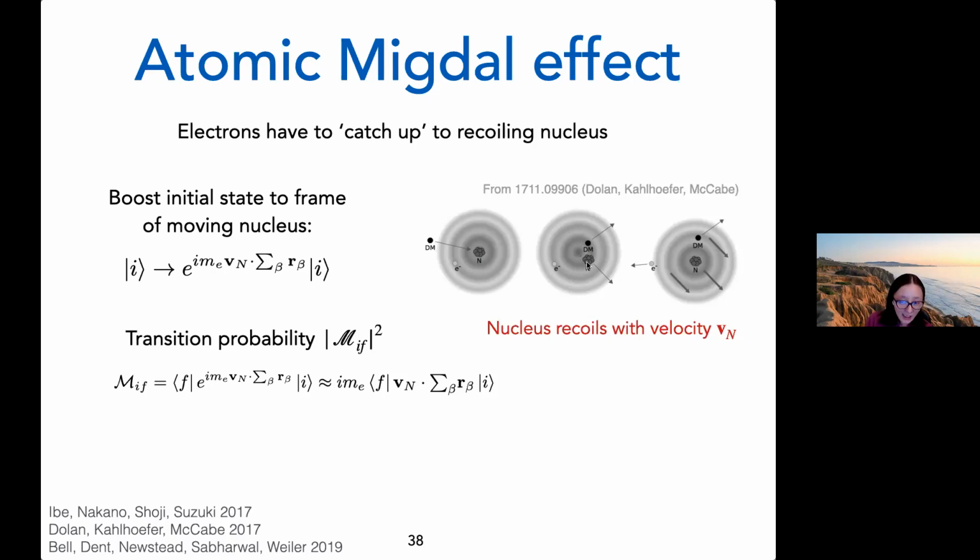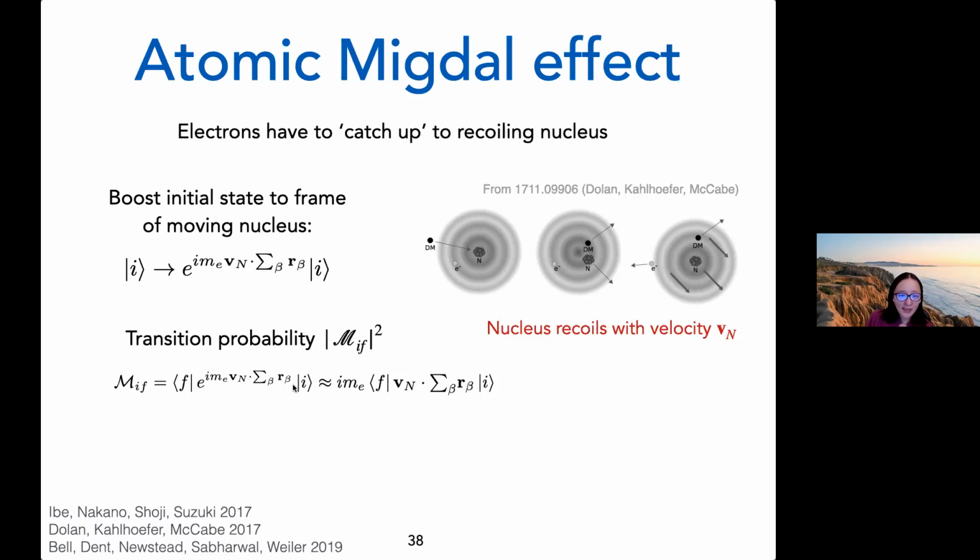After the nucleus gets kicked, if this happens quickly, then the electron wave functions are still unperturbed in this cartoon, and they haven't caught up yet. And what that effectively means is if you were to look at the wave functions about the moving nucleus, the original wave function has an overlap with the excited electron about the moving nucleus.